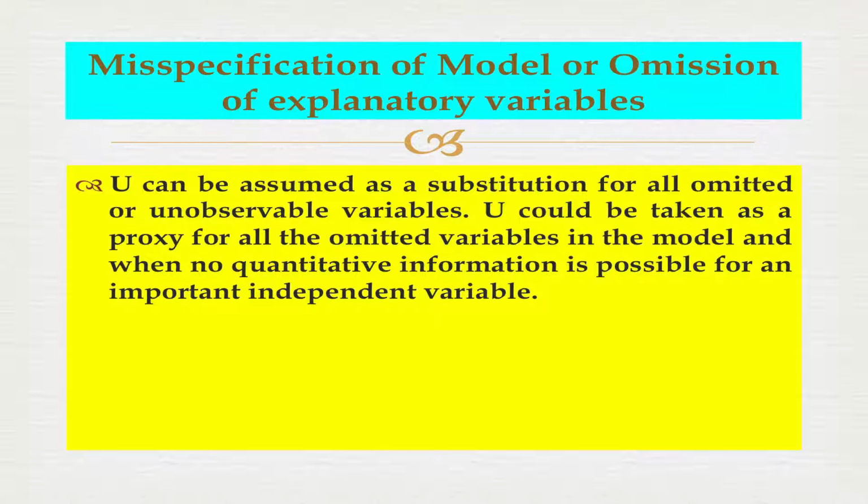U can be assumed as a substitute for all omitted or unobservable variables. U could be taken as a proxy for all the omitted variables in the model, when no information is possible for an important independent variable.